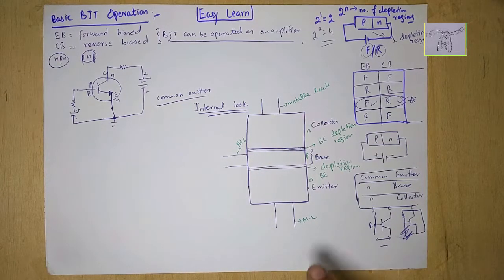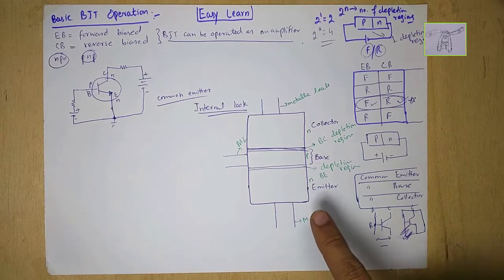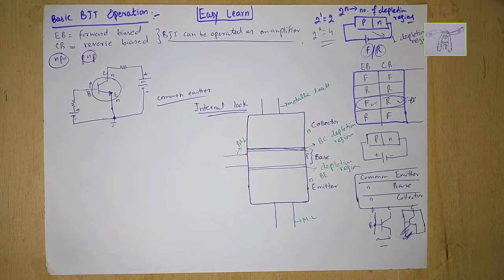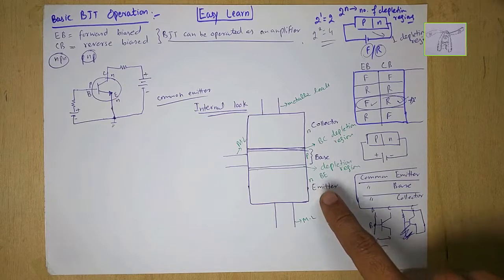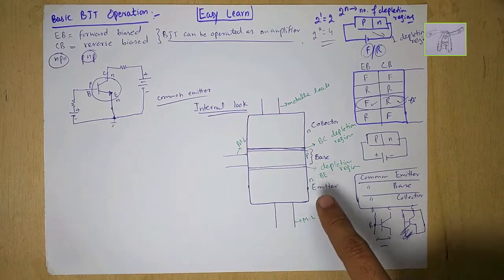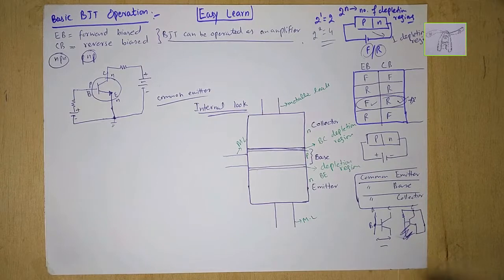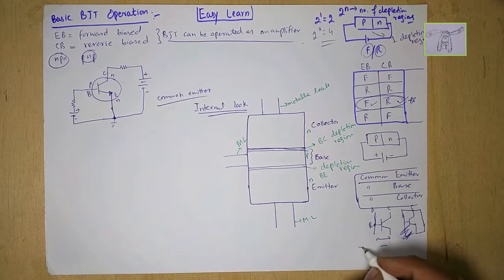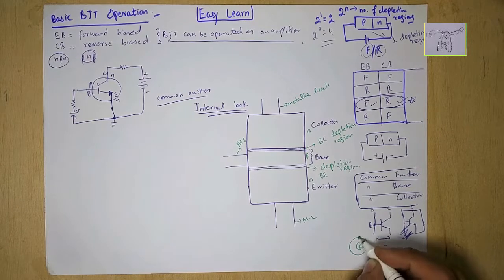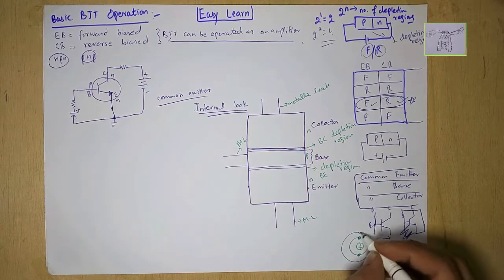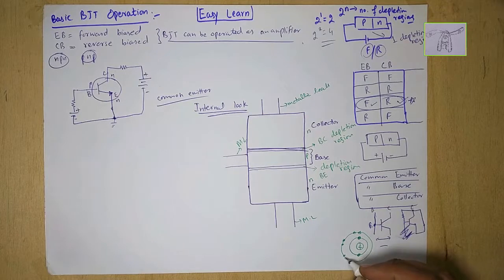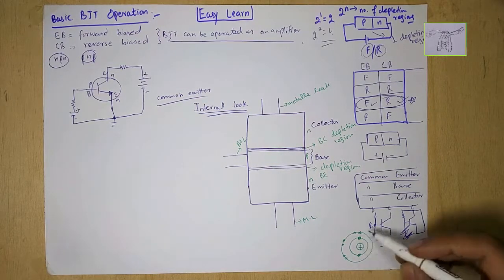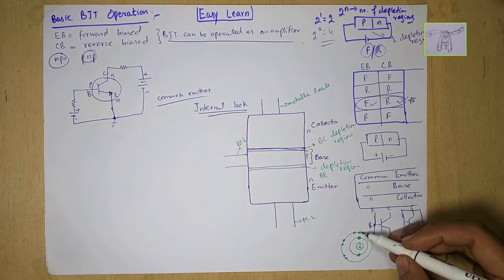The heavily doped N-type emitter region has a very high density of free electrons. You must remember this: because the emitter is an N region, it has a very high density of conduction band free electrons. For example, this is the nucleus, and these are the electrons; the outermost electrons are called valence electrons.